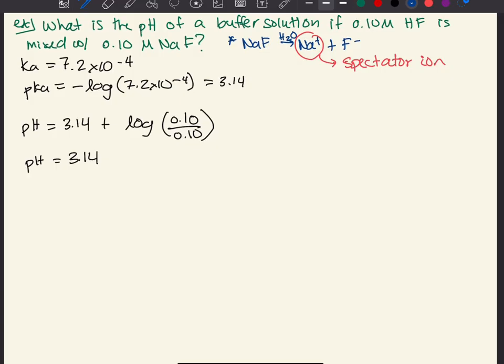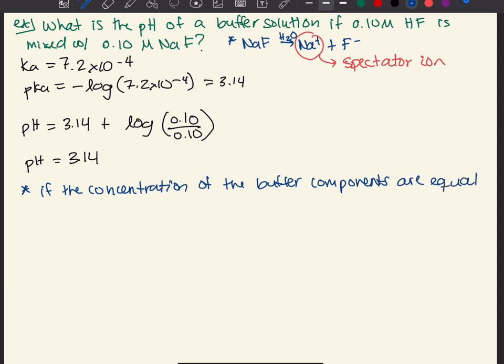So what this tells us is that if the concentrations of the buffer components are equal, then your pH is going to be equal to your pKa. And the closer your pKa is to your desired pH, the better your buffer capacity will be.